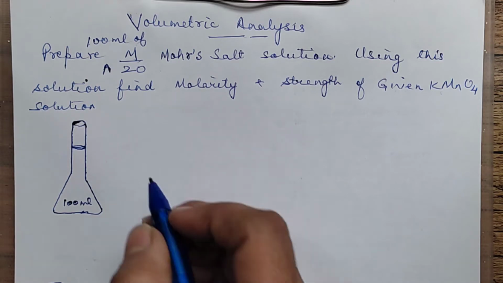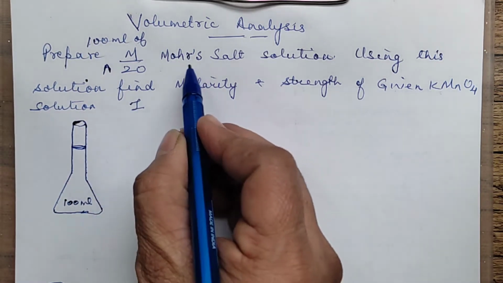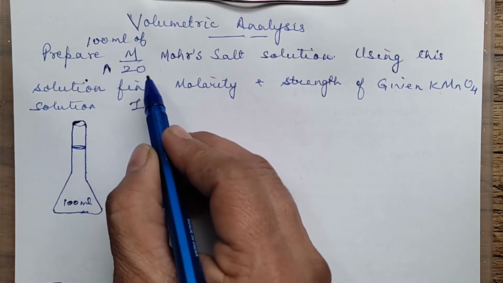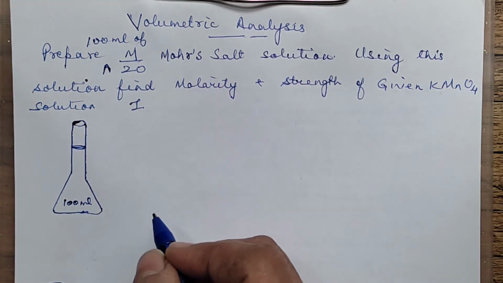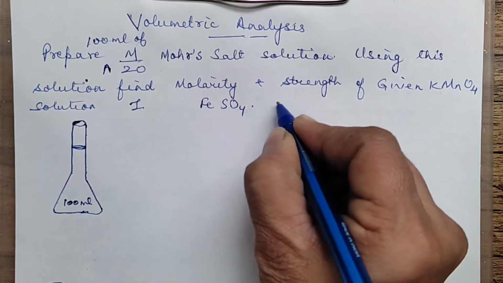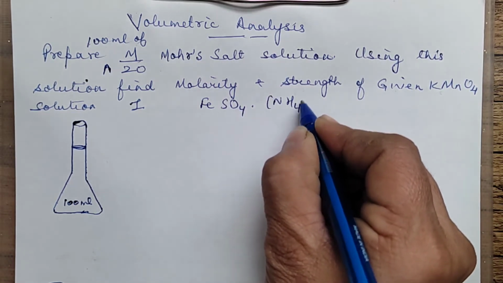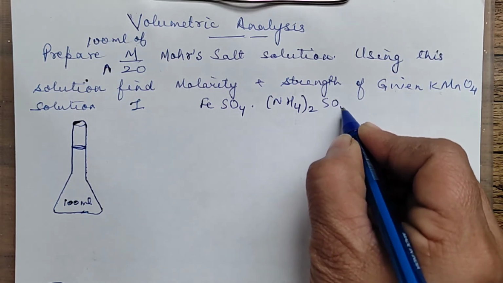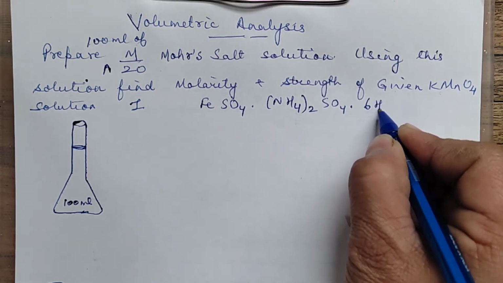So the first step for this is we will have to calculate the weight of the Mohr salt. The formula for Mohr salt is FeSO4·(NH4)2SO4·6H2O.